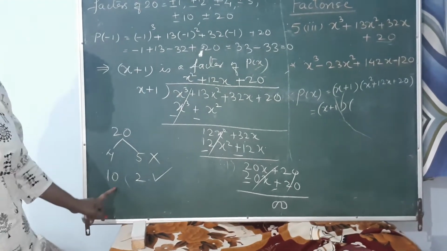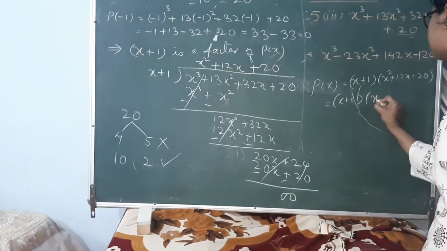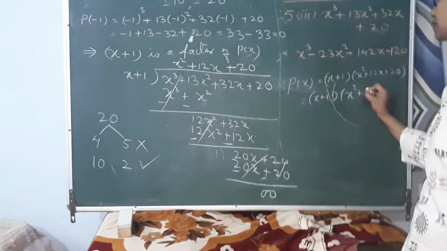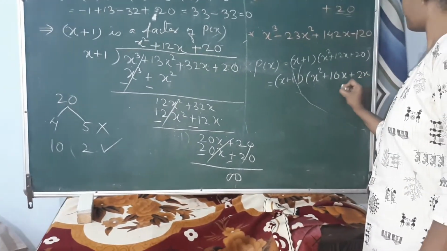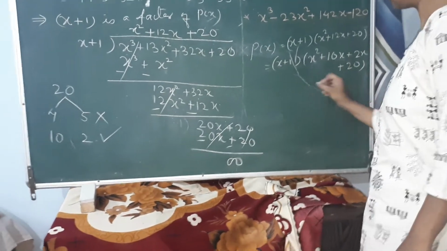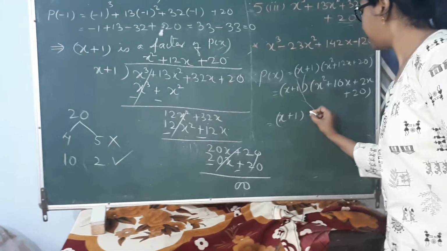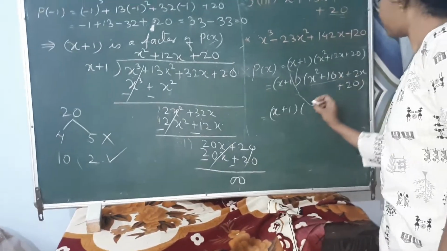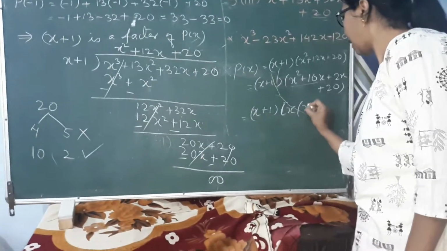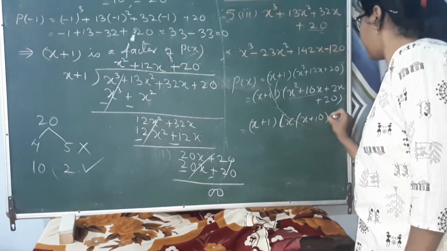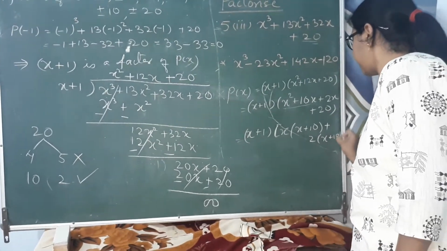So we are going to select 10 and 2. So x square plus 12x plus 20 you can write down as x square plus 10x plus 2x plus 20. So here you will get x plus 1, take common from the first two: x is common, x plus 10, plus 2 times x plus 10.